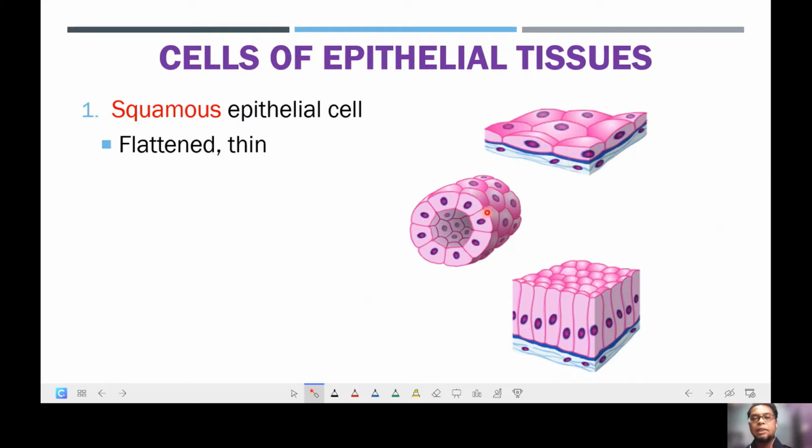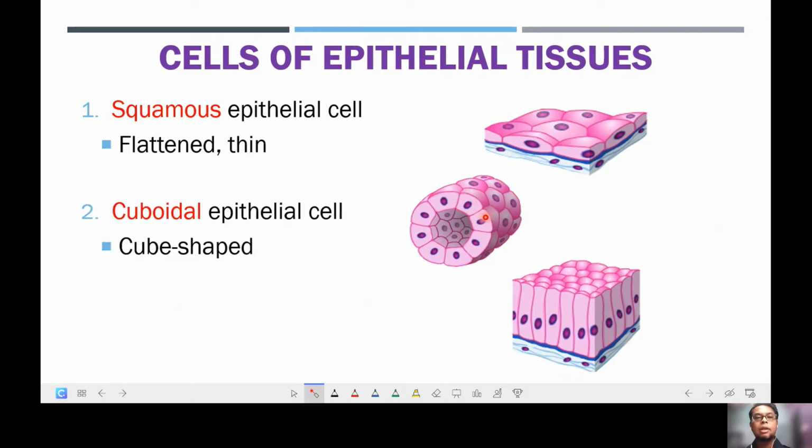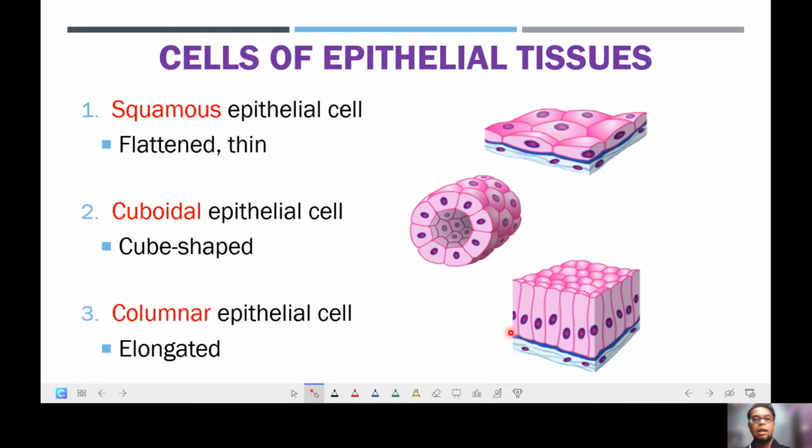But if the shape of the cells is like a box or cube, then we can call this the cuboidal epithelial cell. However, if the cell is elongated like this, like a column, then we can call this type of cell the columnar epithelial cell.